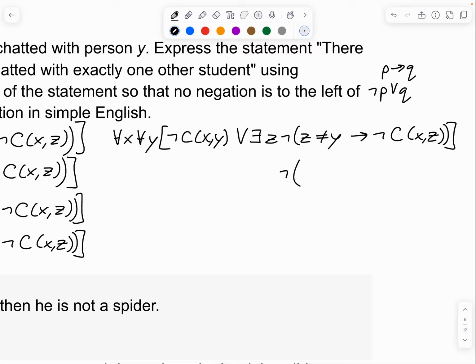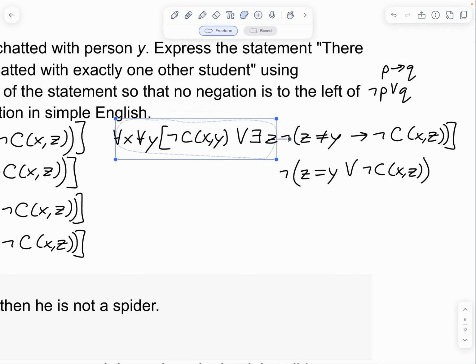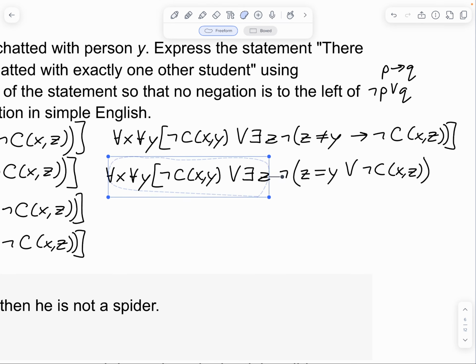So instead of Z does not equal Y implies this, I put Z equals Y, or this, not C of X, Z. Because that just is going to make it a little bit easier to translate to English. So not a required step, but it is easier to translate.